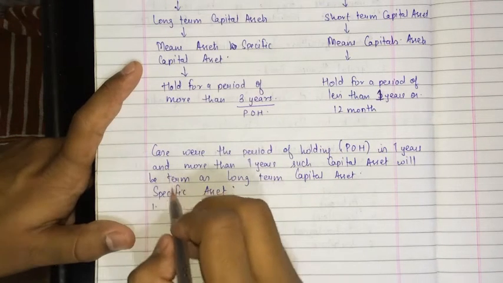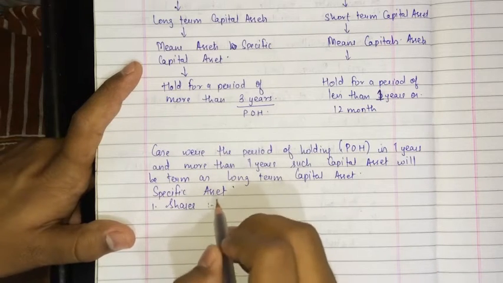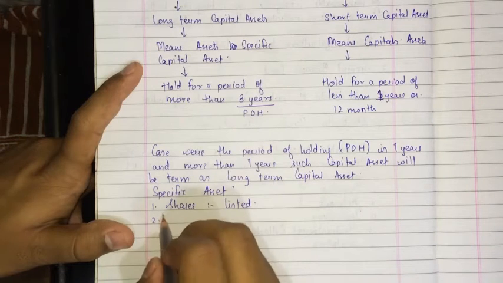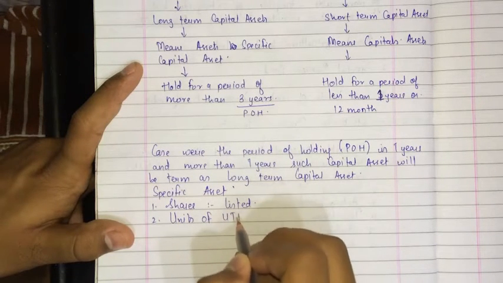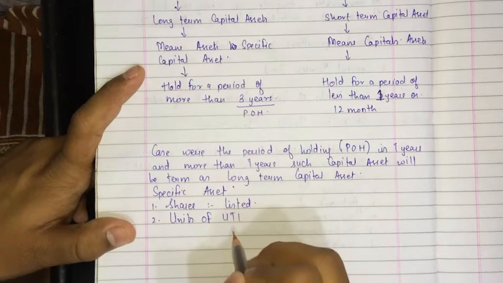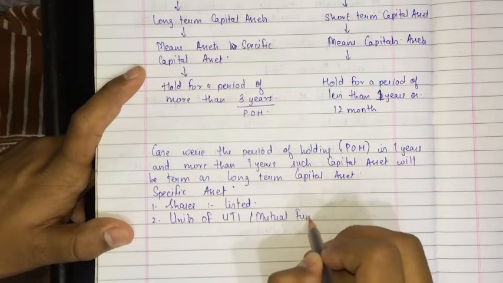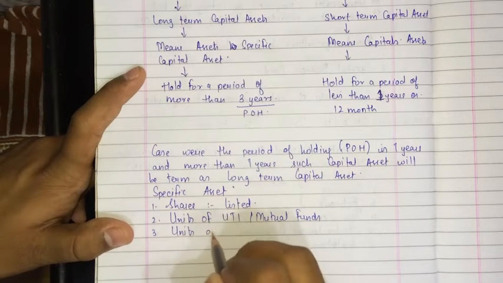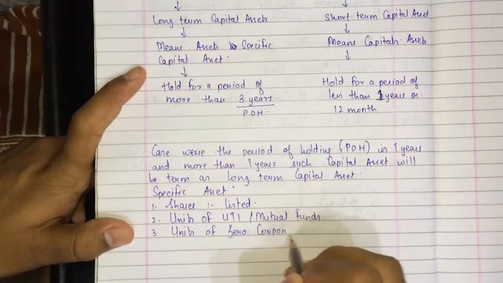First, shares, equity shares, preference shares, whatever shares, it should be listed. Second, units of UTI. What does UTI stand for? Unit Trust of India, mutual funds. Third, units of zero coupon bonds.